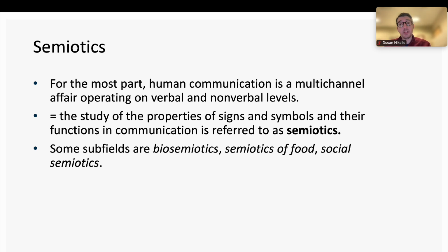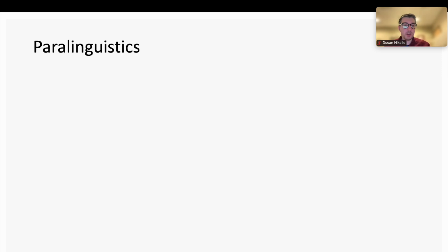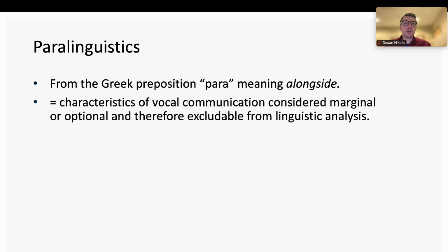Therefore, it developed quite a lot, and today it is studied, right, broadly and widely, and it gave birth to some fields such as biosemiotics, semiotics of food, and social semiotics. Then another concept is paralinguistics.